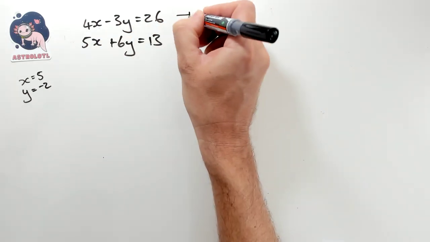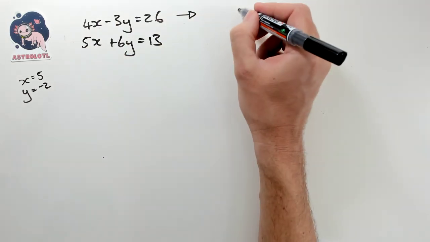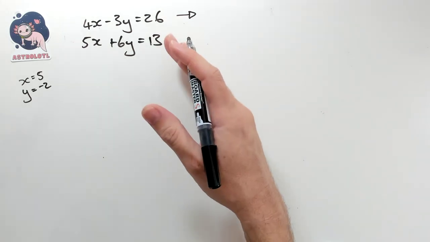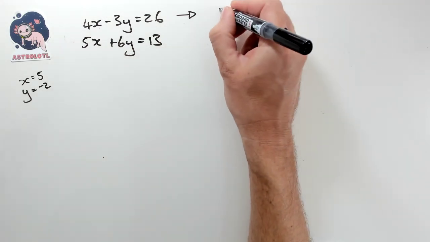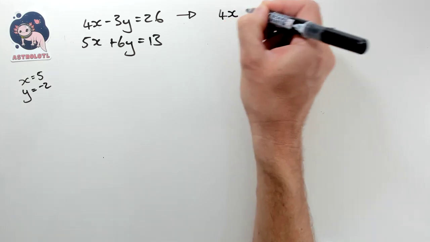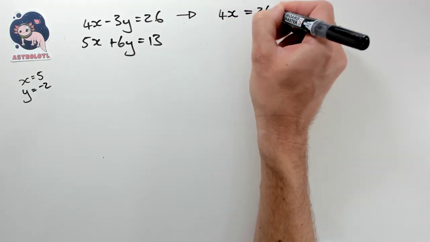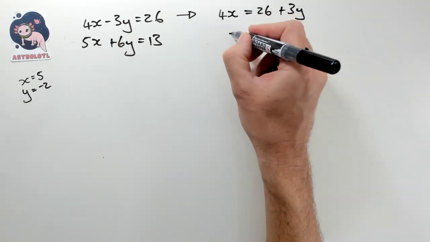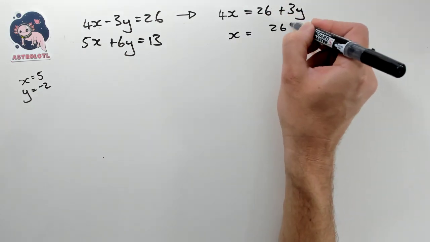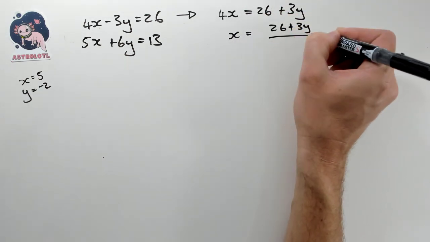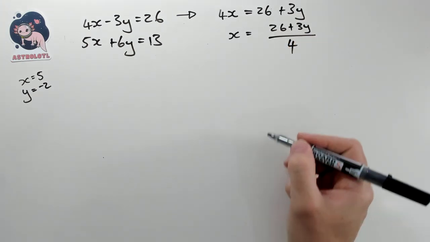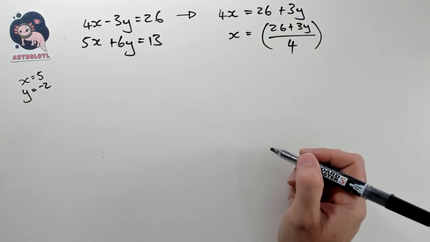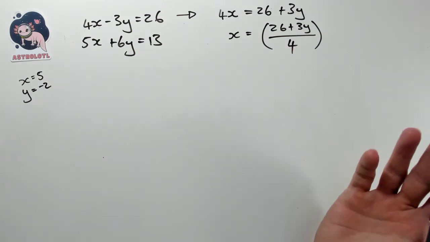Remember, when we substitute, we have to write one of the variables in terms of the other. So 4x would become 26 plus 3y, and then x would be 26 plus 3y all over 4. You can see this is not pretty at all, but it should work.